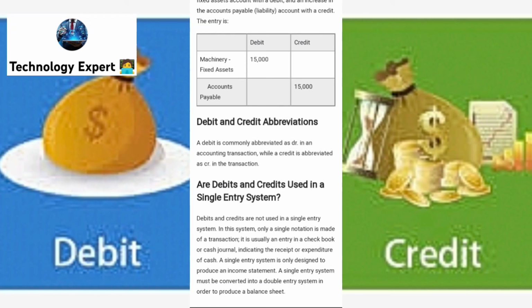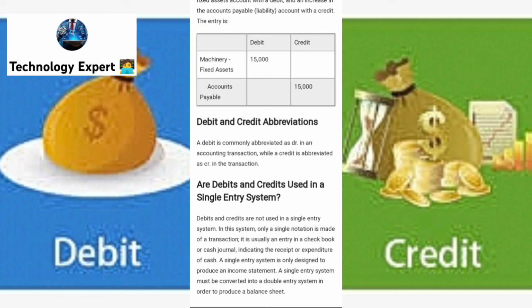Are debits and credits used in a single entry system? Debits and credits are not used in a single entry system. In this system, only a single notation is made of a transaction.